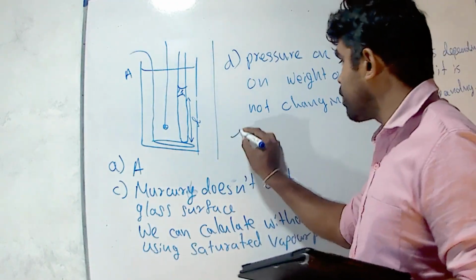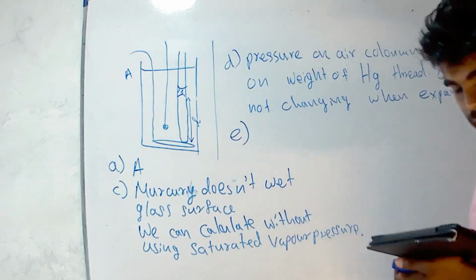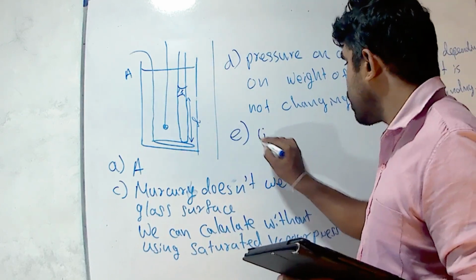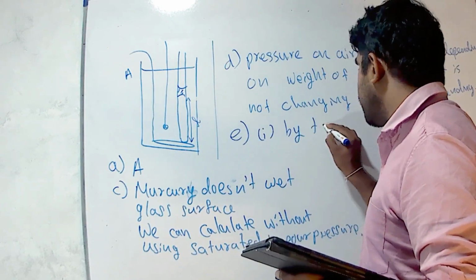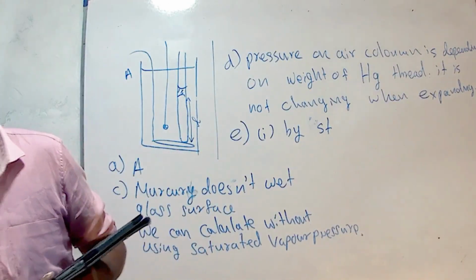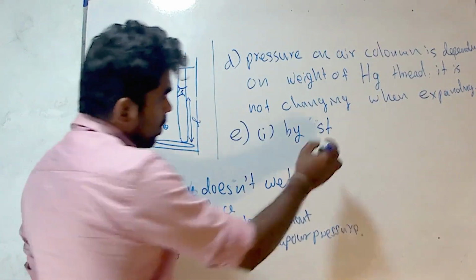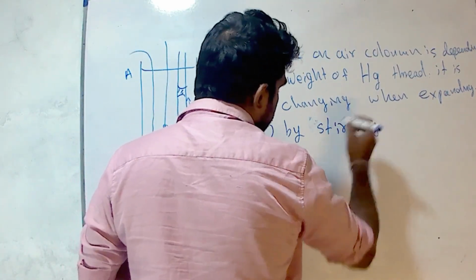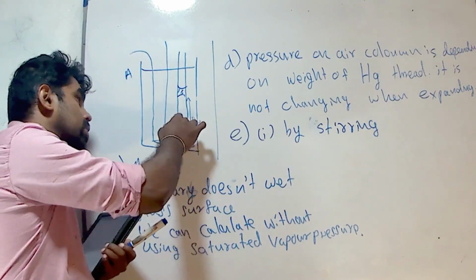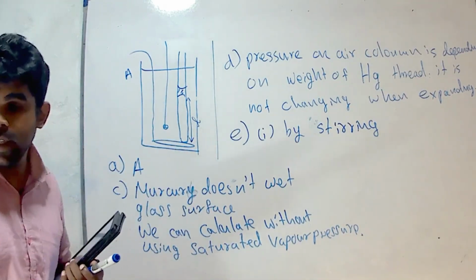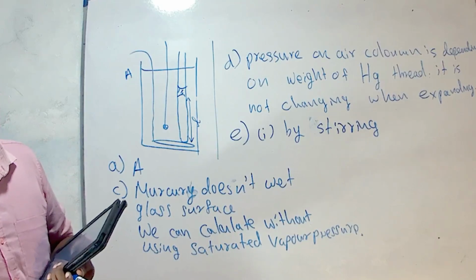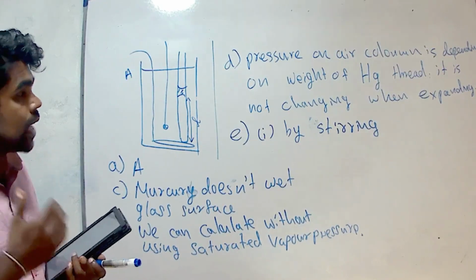We can get the correct temperature for the air column by stirring. We can confirm that the temperature of the air column is equal to the temperature of the water by stirring. And we can use another step.